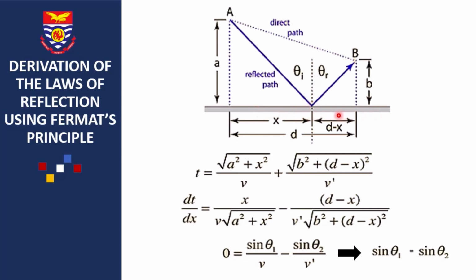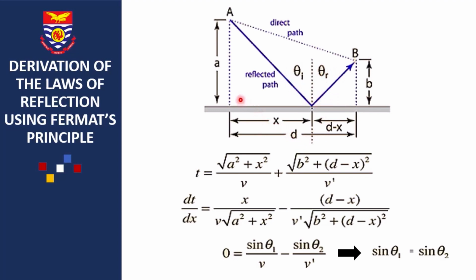And we also know that the angle of incidence is always equal to the angle of reflection. Right now, let's use Fermat to deduce this formula, that the angle of incidence is always equal to the angle of reflection.